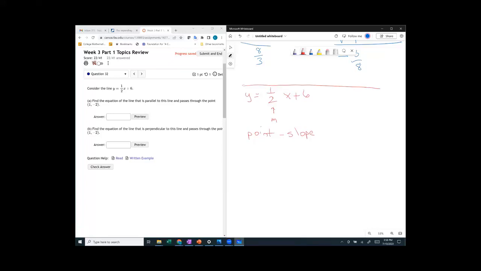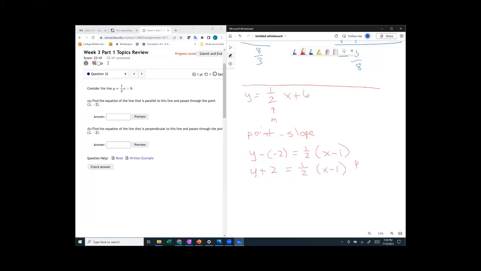I can use point slope. So I can say parallel is y minus 2 equals m, which is 1/2, times x minus 1. So I have y plus 2 equals 1/2 x minus 1.